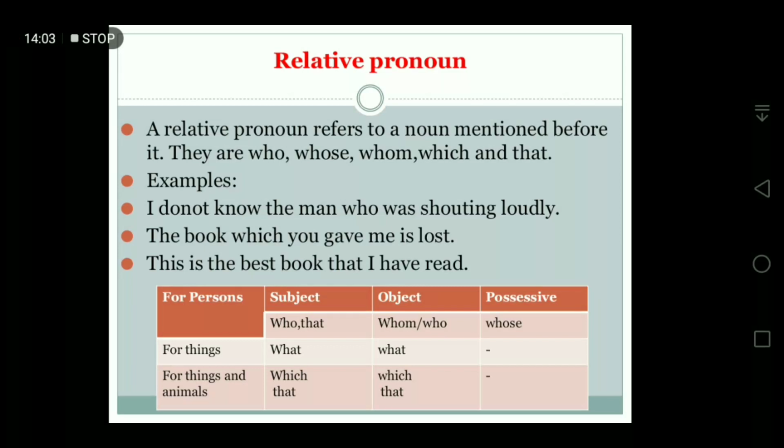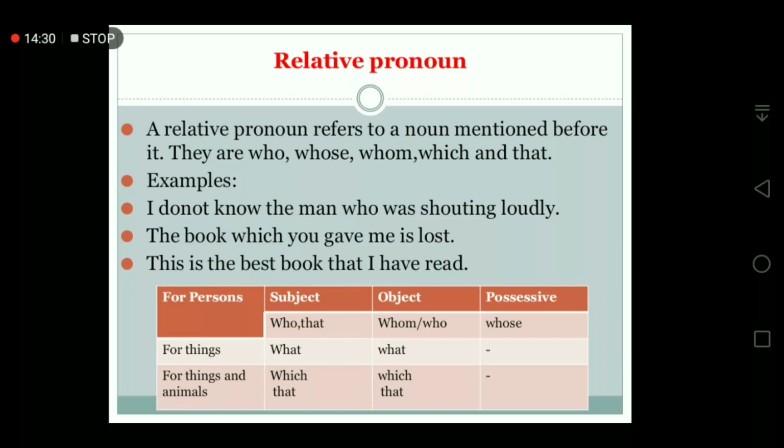Before, we read that who, whose, whom are interrogative pronouns, which ask questions and are used at the beginning of the sentence. But relative pronouns are used in the middle of the sentence and relate to a noun that was already mentioned before.